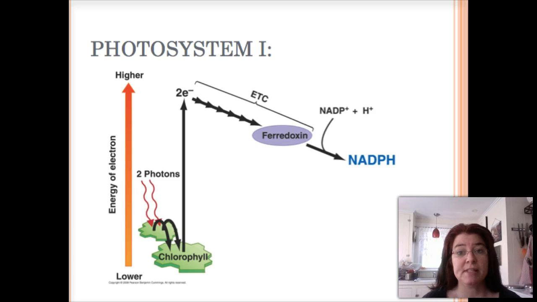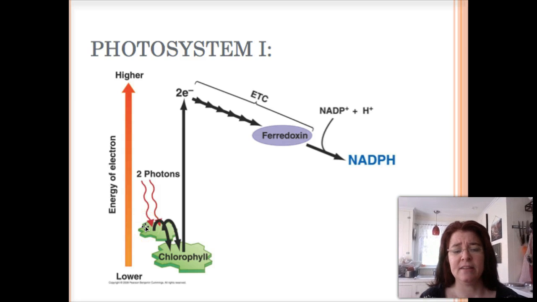So here in this image we can see a picture of photosystem 1. We see that same energy scale over here on the left, from lower energy at the bottom to higher energy at top. This is a measurement of the energy of the electrons. We can see photons coming in and hitting the chlorophyll molecules, exciting the electrons in the chlorophyll, which then pass their energy on to the next chlorophyll, until ultimately that energy hits the reaction center and causes the reaction center electrons to get excited.